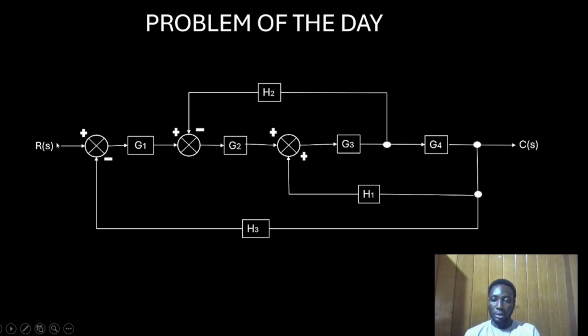So we have R(s) as our input going into an adder with a negative feedback loop from here with another H3 block, going into G1, another adder with a negative feedback loop of H2 with H2 block, going into G2, another adder with a positive feedback loop with a block H1, going through G3 and G4, and then giving us our output C(s).